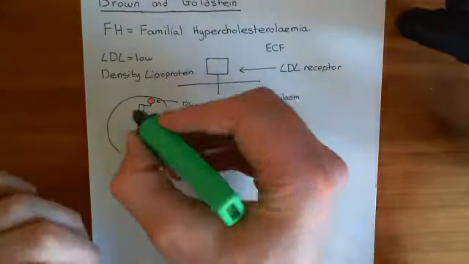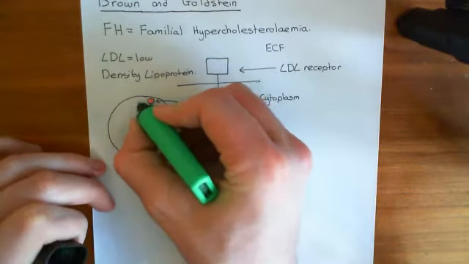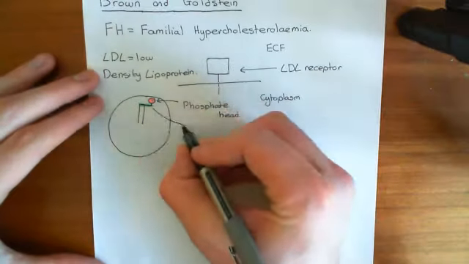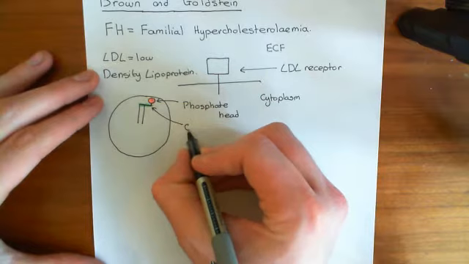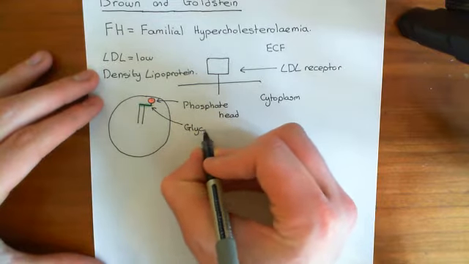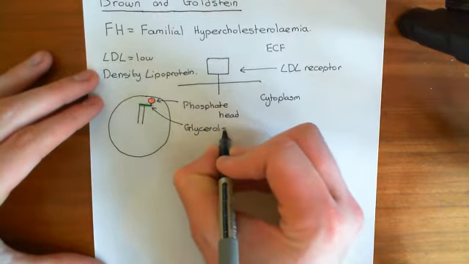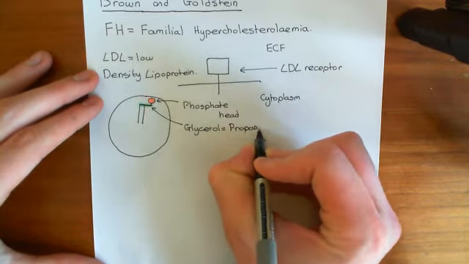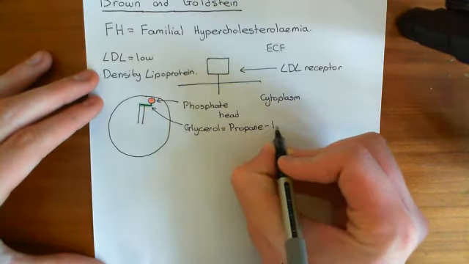Now the backbone of the phospholipid is this line here, which I've put in green. This is the glycerol molecule. Now the full chemist's name for glycerol is propane 1,2,3-triol.